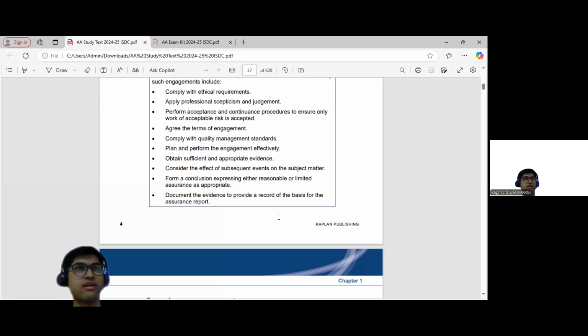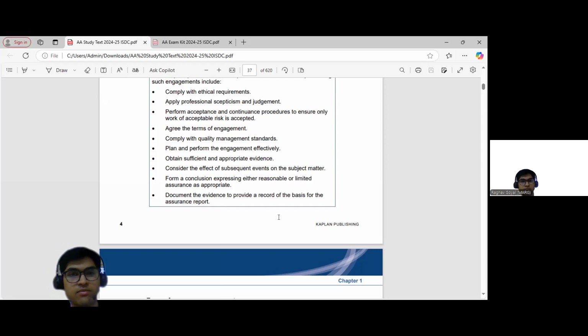Being associated with that company increases your risk as an auditor. You could lose your reputation, you could face fines and penalties, and that risk could be more than you're willing to accept. So you have to assess that as well before taking on a client.